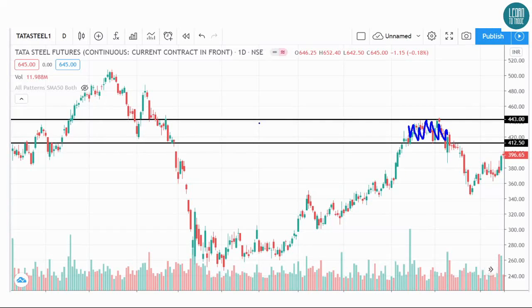Before the breakout, the balanced auction is getting developed in the same zone from which sellers have dominated and pushed the stock price quickly towards the downside. So again, remember, it is in the seller zone and we are getting a balanced auction development. Okay, now the location is clear, it is in the seller's zone.